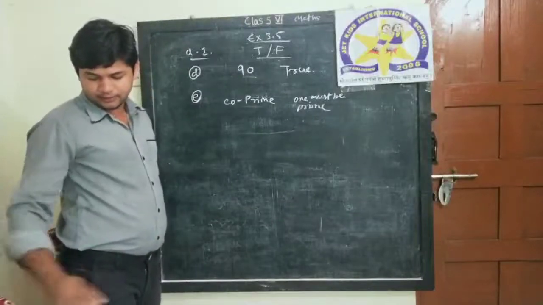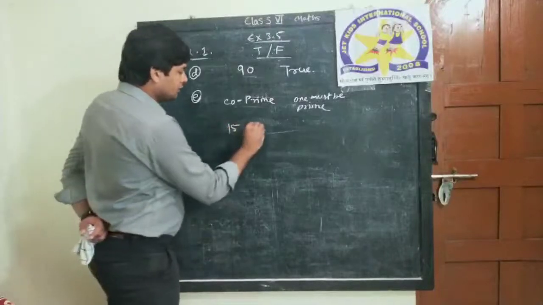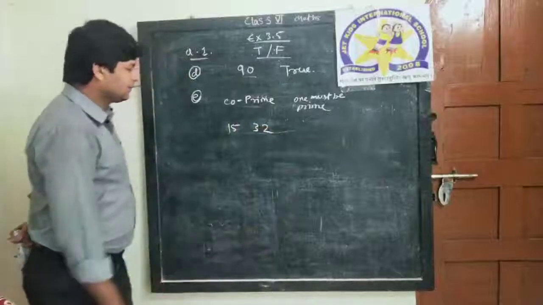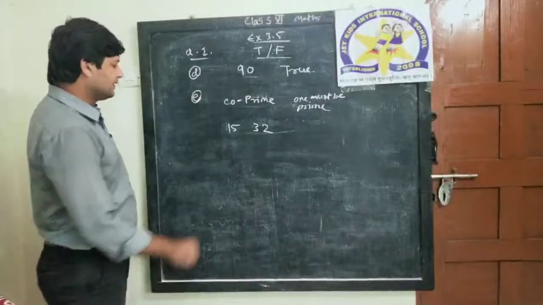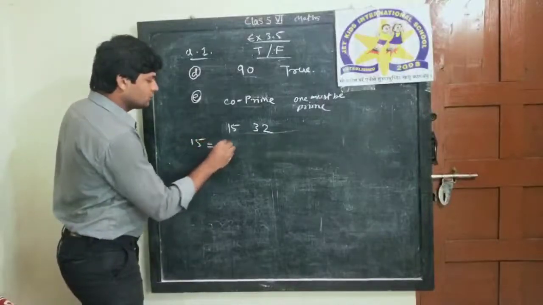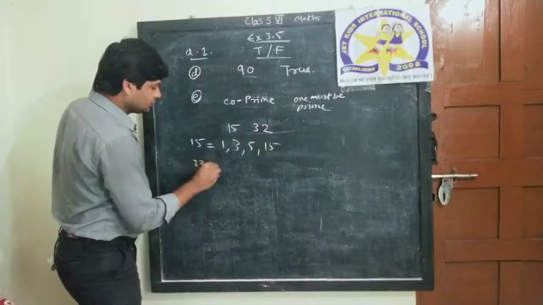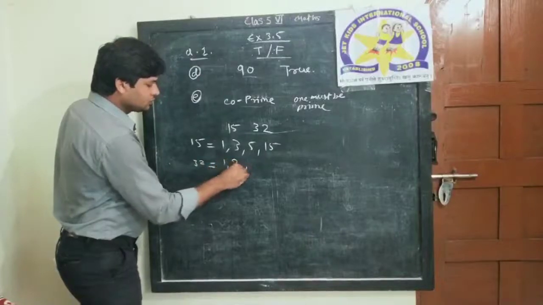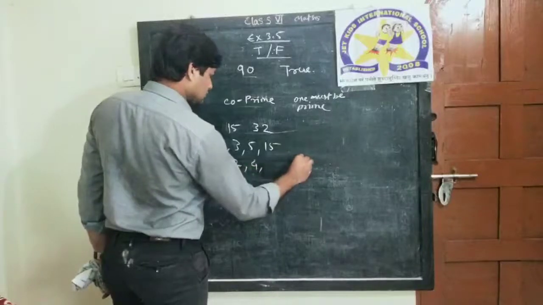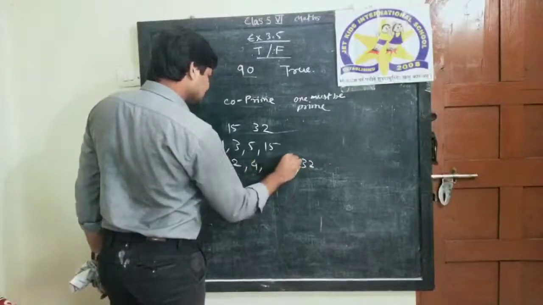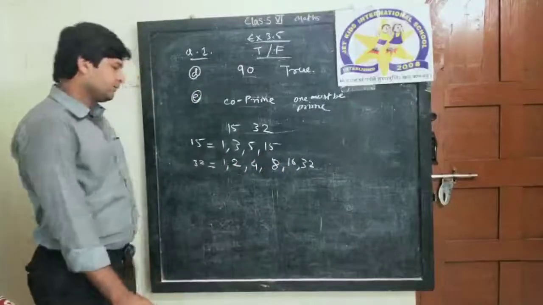For example, I am taking 15 and 32, right? We have taken an example of both. Factors of 15 are 1, 3, 5 and 15, right? And also we have 32: 1, 2, 4, 8, 16 and 32, right?